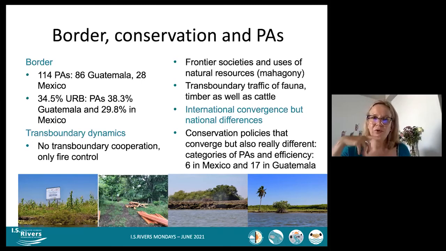There was extraction of mahogany over the centuries in this river basin. Right now, we see transboundary traffic of fauna, timber, and cattle. And one of the elements that continues to impact deforestation is the raising of cattle. There's a huge amount of trafficking in livestock.